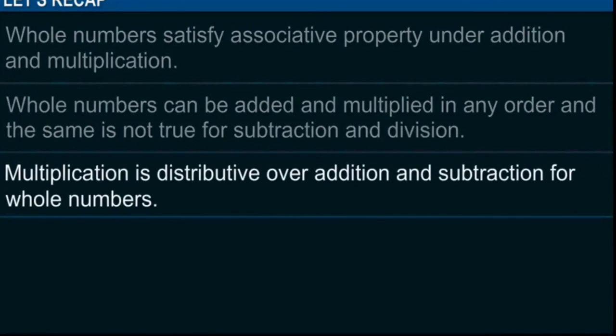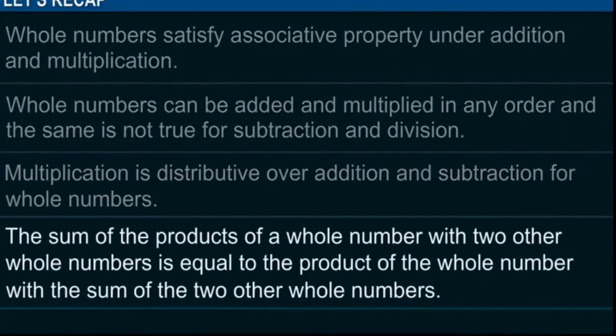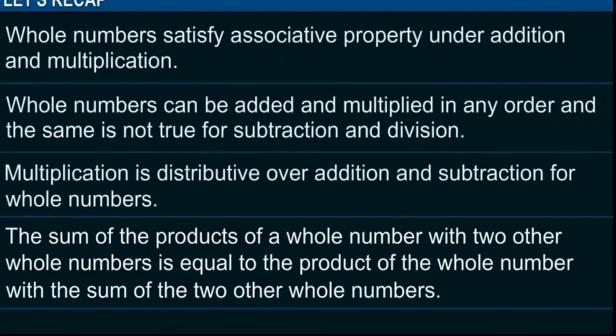Multiplication is distributive over addition and subtraction for whole numbers. The sum of the products of a whole number with two other whole numbers is equal to the product of the whole number with the sum of the two other whole numbers.